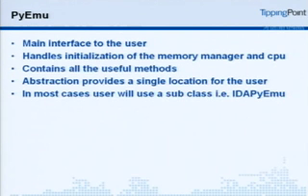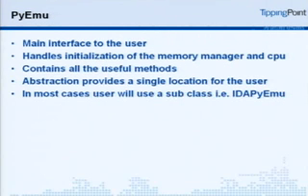And then you have PyEmu, which is the class that is the main interface to the user, handles initialization of the memory, the CPU, contains all the useful methods that we'll go over in a bit. And in most cases, we subclass this or inherit from this to create those environment classes that I was speaking of.